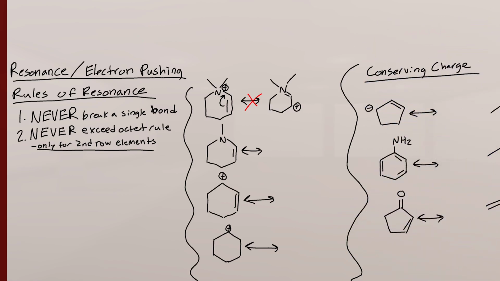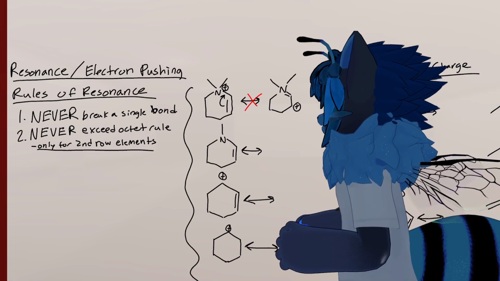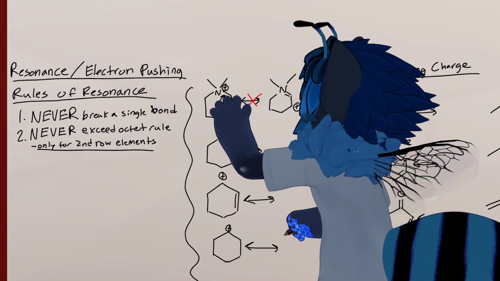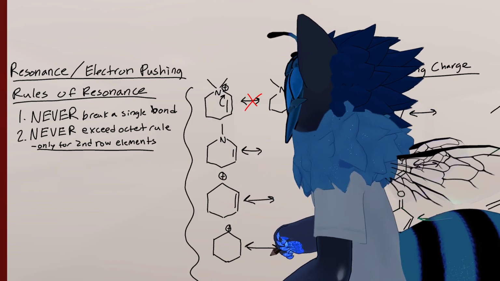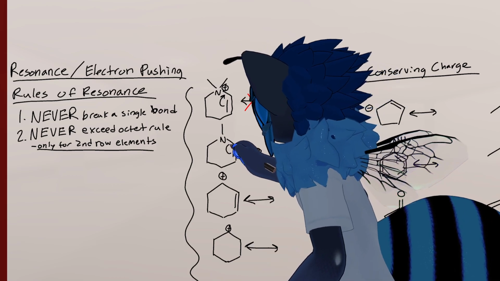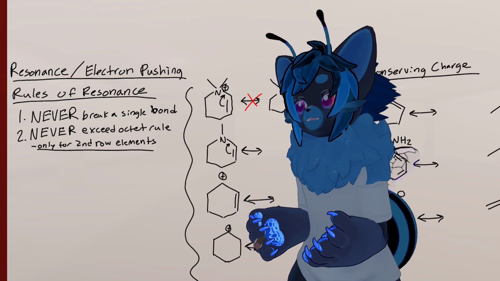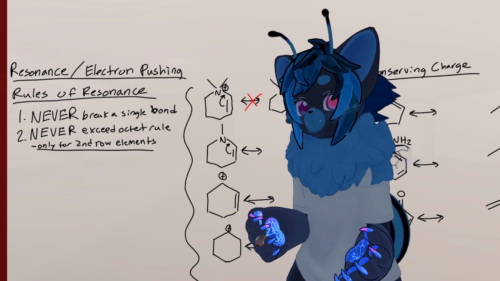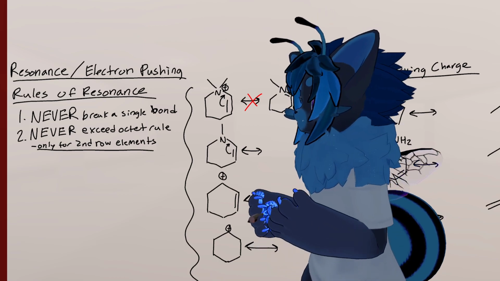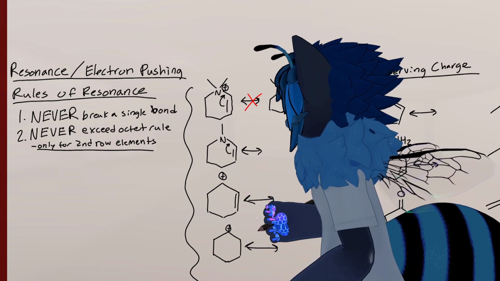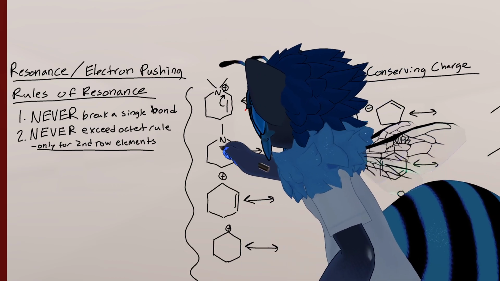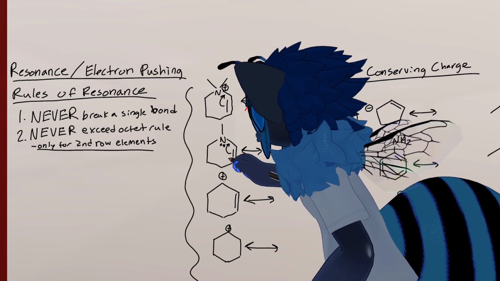Okay, what about this next molecule here? Nitrogen doesn't have 4 bonds here, so why can't we just move this alkene here? Well, a skill you probably need to develop is seeing where the lone pairs are. Nitrogen is neutral here, which means it has 3 bonds and 1 lone pair.